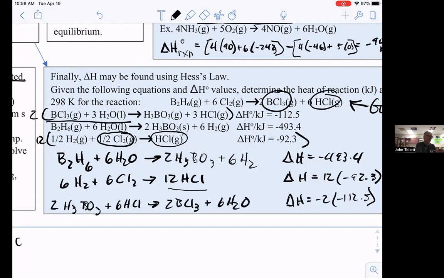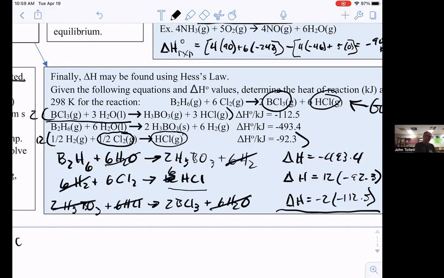Now I'm going to go through and look at the things that cancel. I've written all my delta H values there, and I would just add those up if I actually get my goal equation. So let's check what cancels. I've got 6 moles of water, they're going to cancel. I also have 6 moles of HCl here, and this would also become 6. The 6 moles of hydrogen is going to cancel from both.